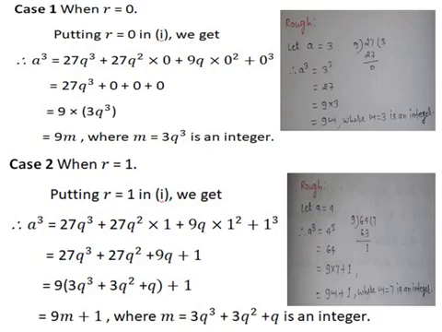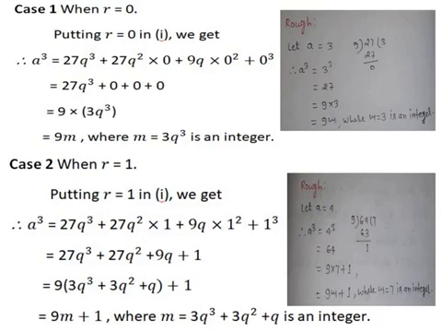Rough: let a is equal to 3, a cube is equal to 3 cube equal to 27 equal to 9 into 3 equal to 9 into m, where m is equal to 3 is an integer. So the cube of any positive integer is of the form 9m.